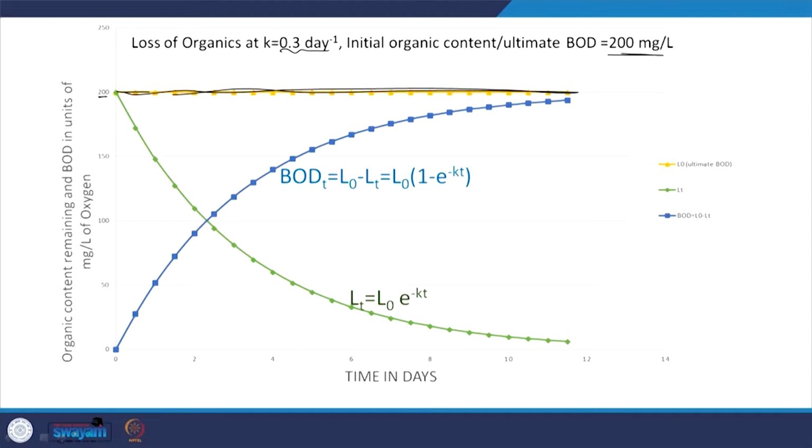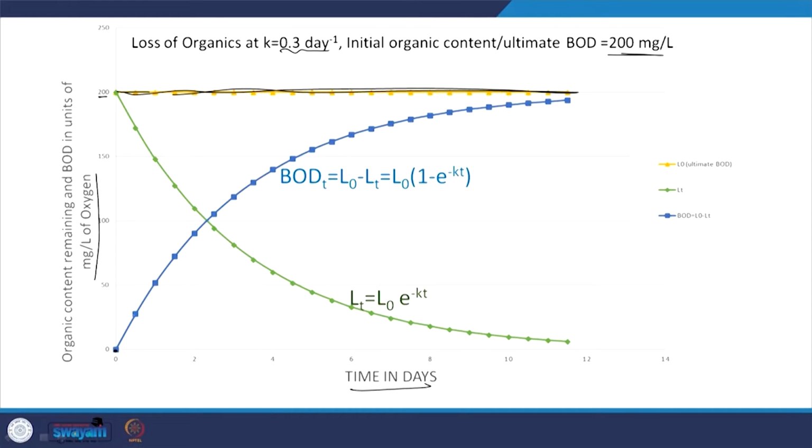Here we have the test time in days, the organic content remaining, and also BOD in units of milligram per liter of oxygen. The BOD test I started here at 0 day, and obviously with time some of the organic content is being degraded.